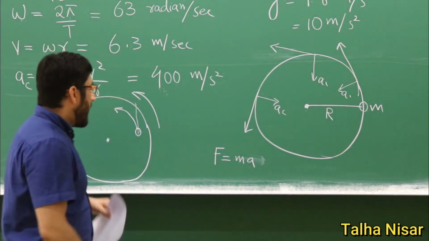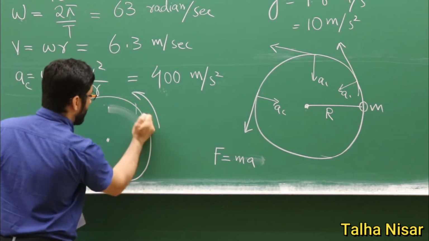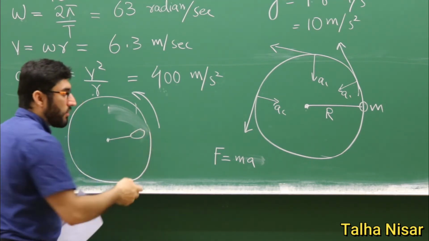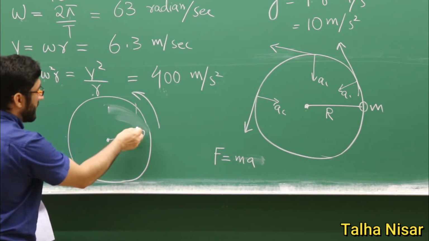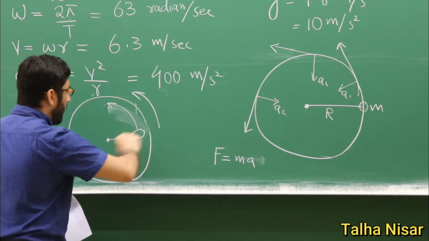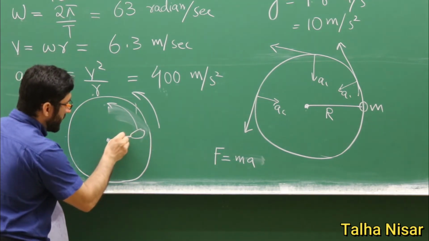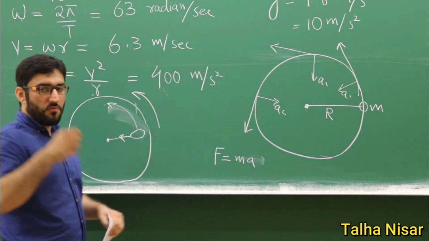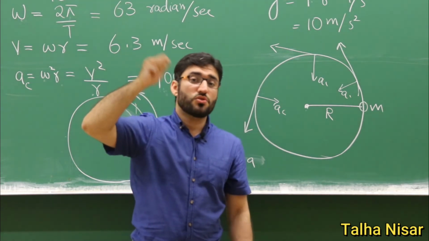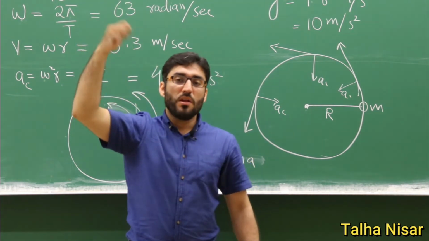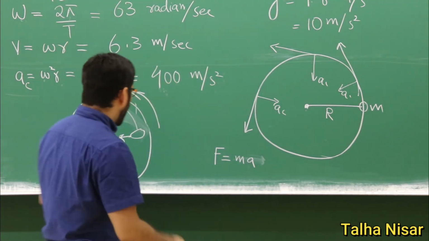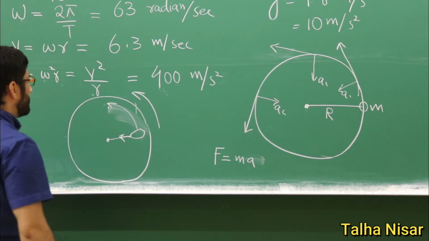centripetal force. Now imagine there is no chair, but you are holding a rod while the table is still spinning. Now you will feel the rod pulling you towards the center. If you have a string with a stone attached to it and you try to spin it, you will feel a force towards the center of this motion, and that force is known as the centripetal force.